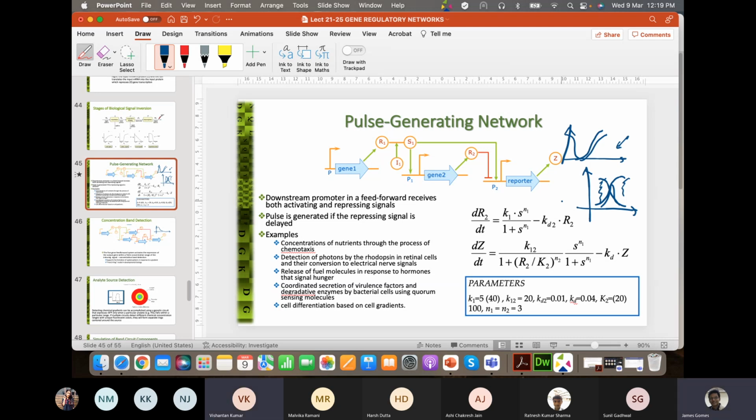So in principle, if you're asking in terms of writing out the equations as separate, yes, you can do that separately. But in this network, if S1 did not affect R2, since S1 is inducing and R2 is repressing the final element, would the situation be the same or would it be a bit different?